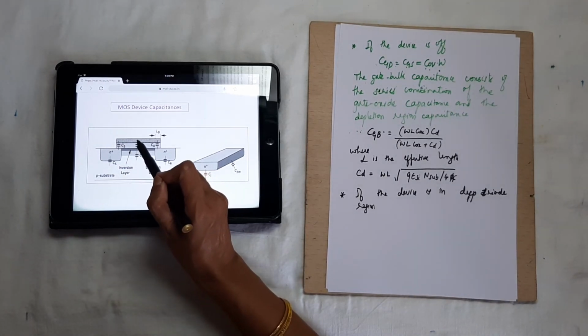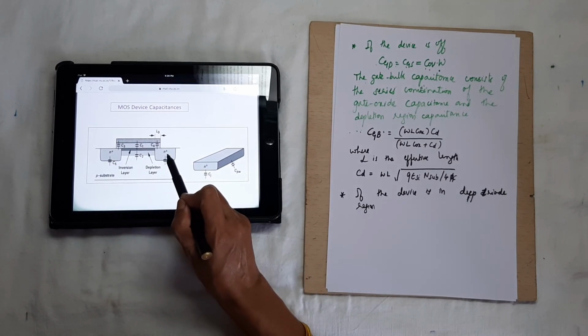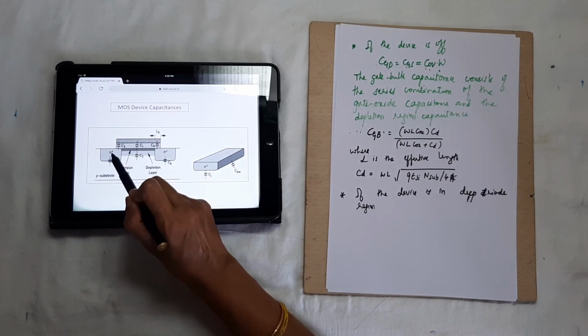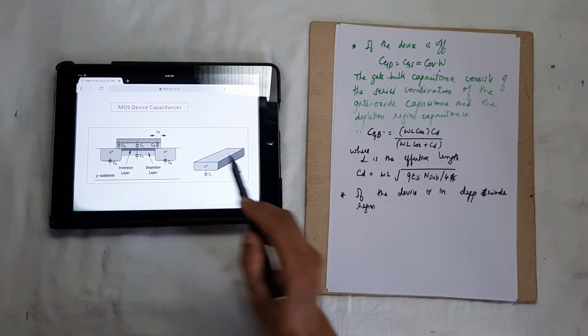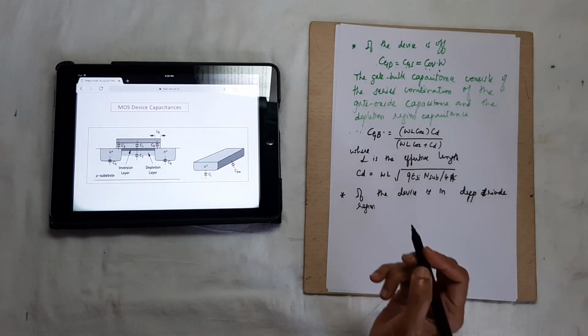Then the gate capacitance is equally divided between the source as well as the drain. Therefore, we have CGS is equal to CGD is equal to half of the gate channel capacitance.